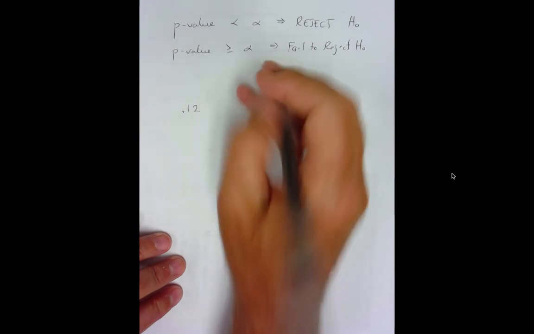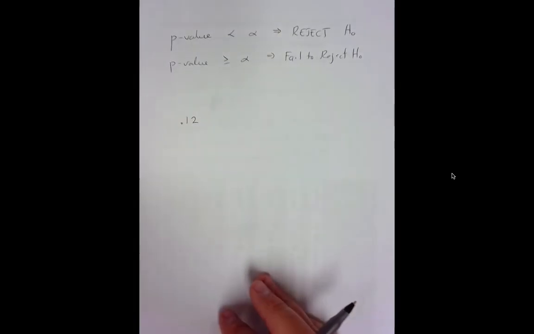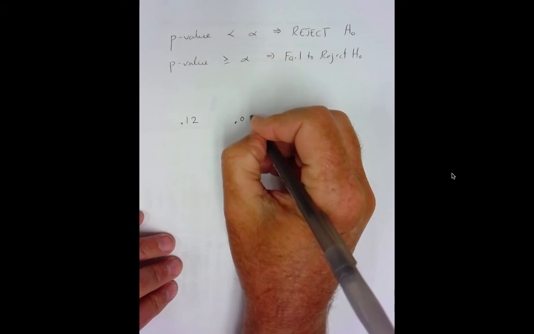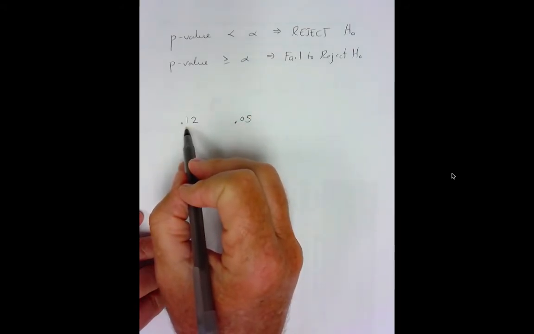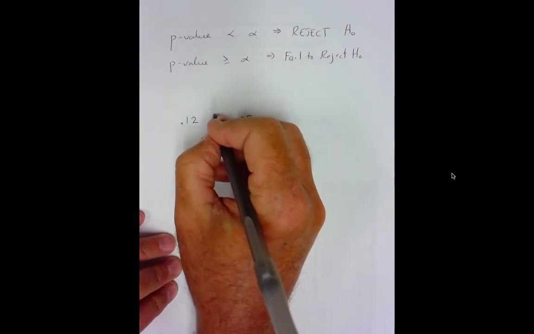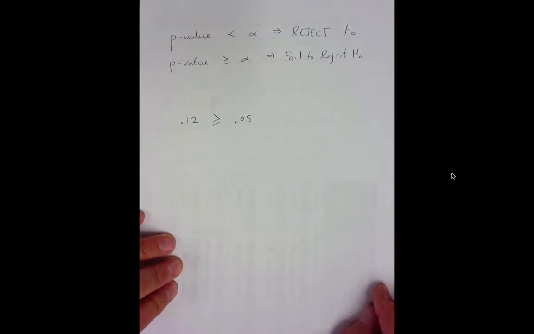Our alpha, we established back at the beginning of the problem, was 0.05. How does 0.12 compare to 0.05? It's greater than or equal, isn't it?